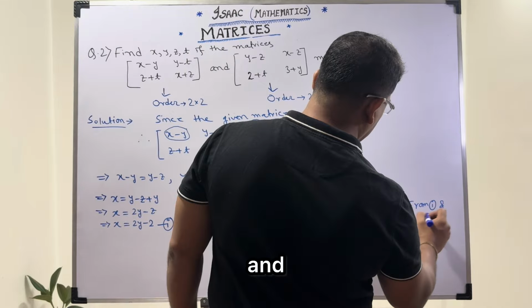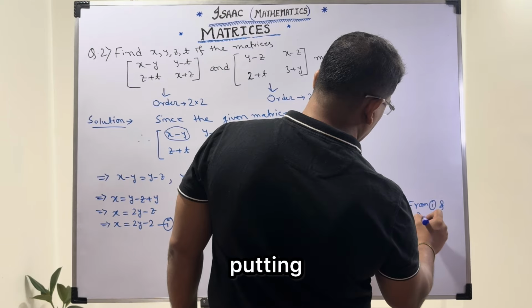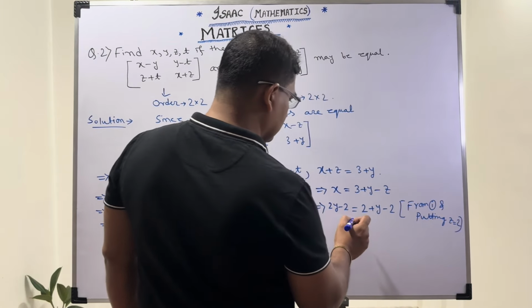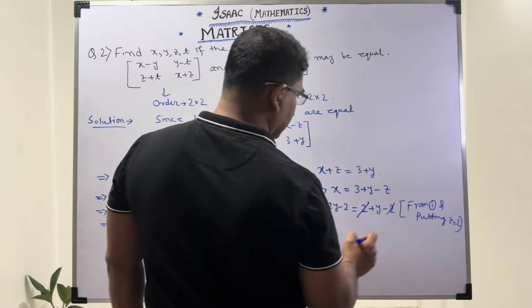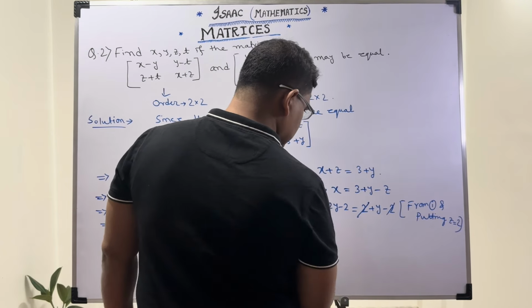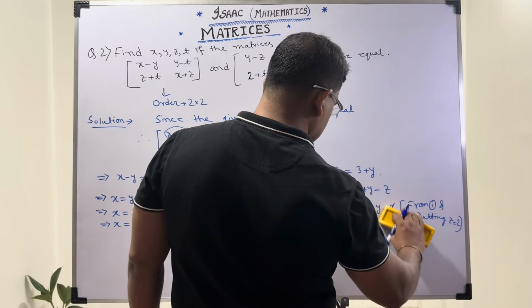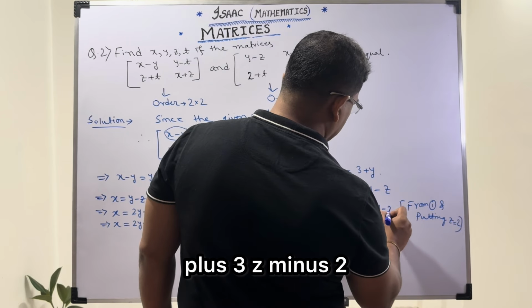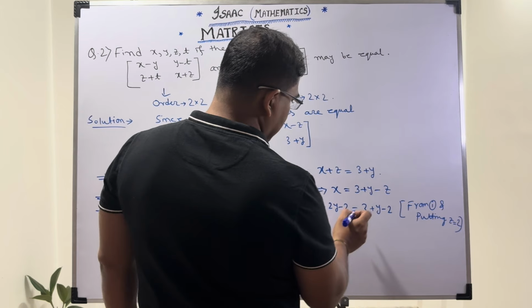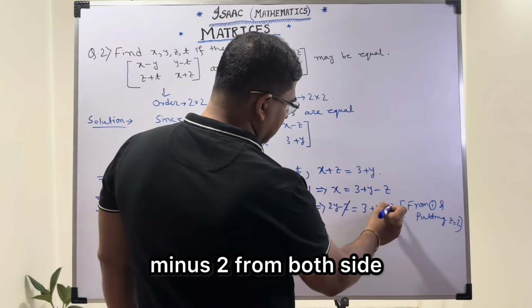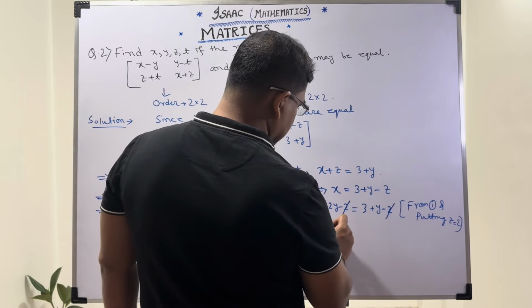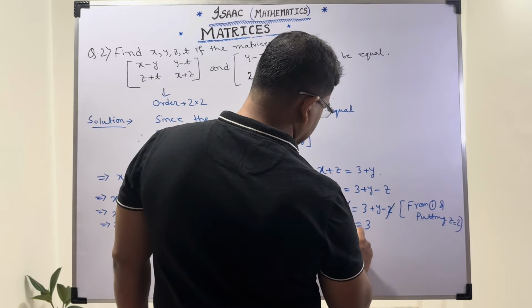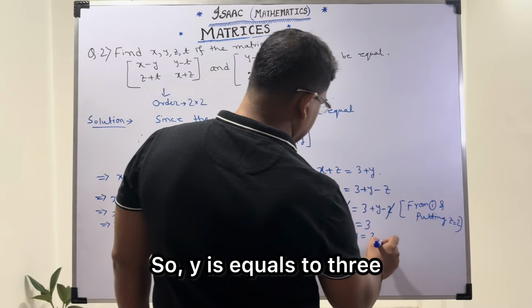Putting z equals 2 and cancelling this minus 2 from both sides, we get 2y minus y is equal to 3. So y is equal to 3.